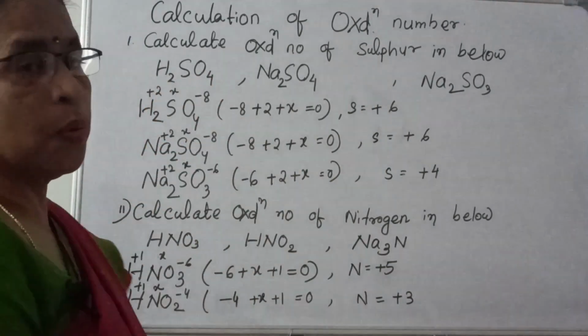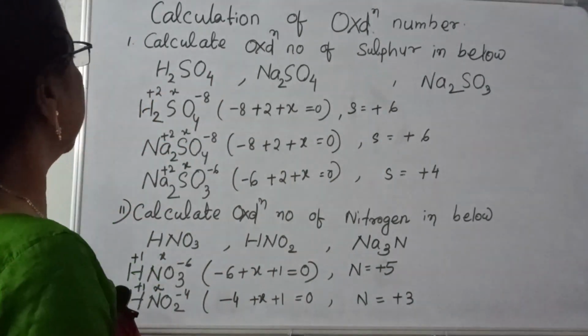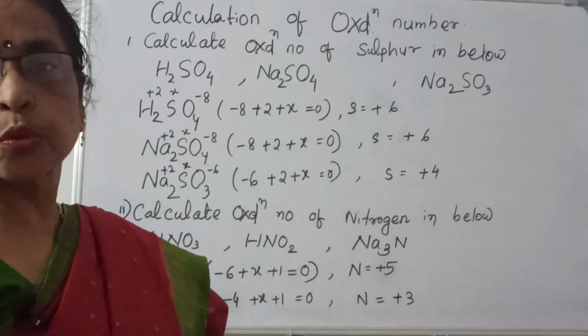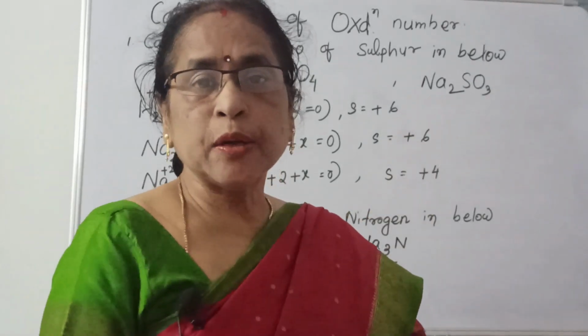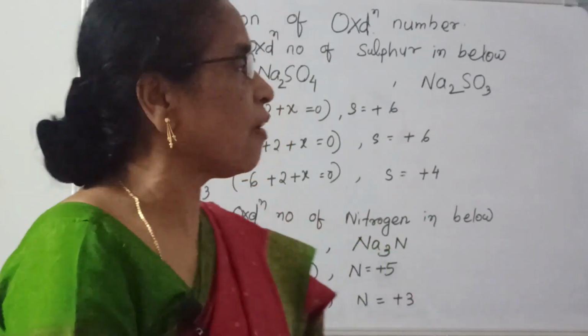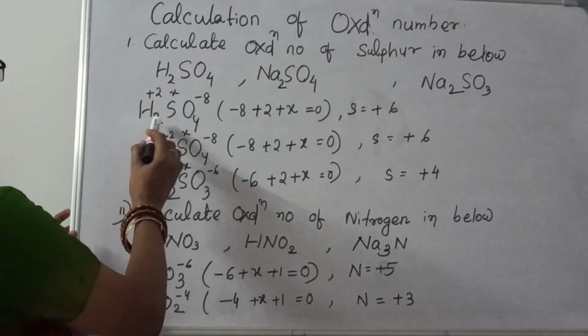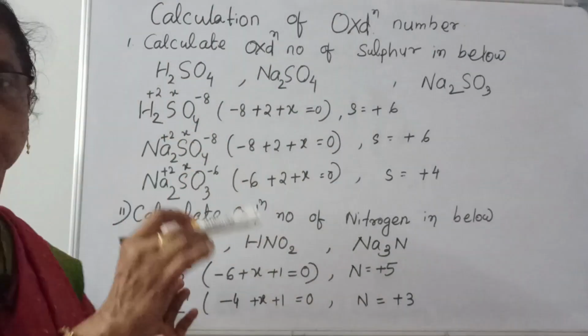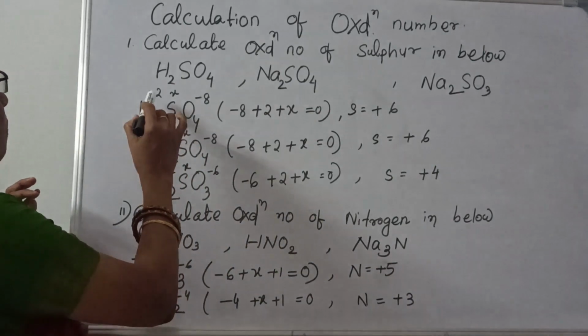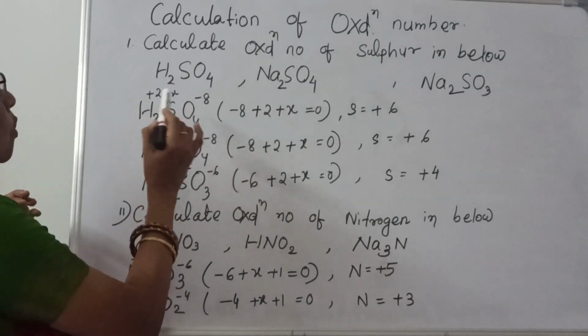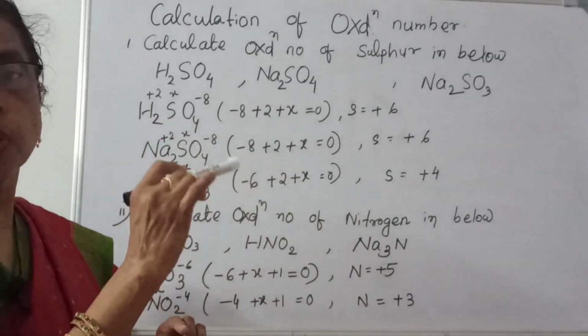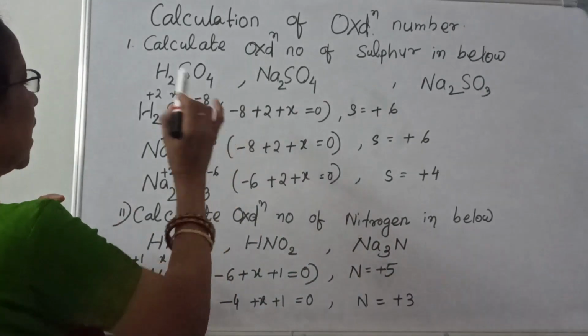H2SO4, that is sulfuric acid, Na2SO4, sodium sulfate, and Na2SO3, sodium sulfite. Now see the sulfuric acid formula, H2SO4. H means plus 1 into 2, plus 2, and O4 means 4 into minus 2, that is minus 8.